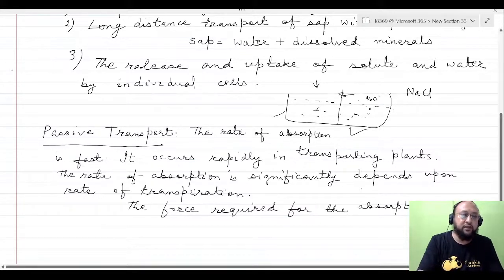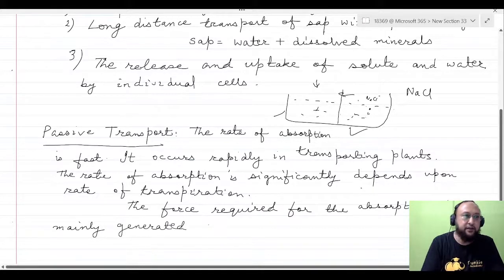The force required for the absorption of water is mainly generated in the mesophyll cells.